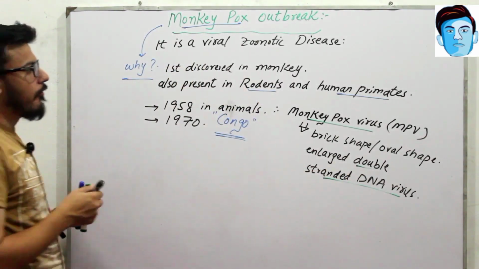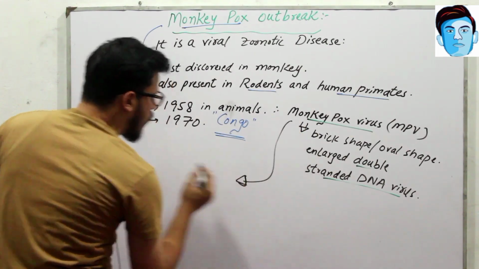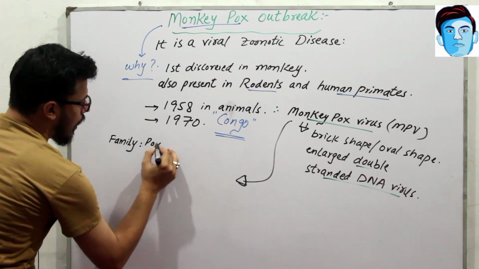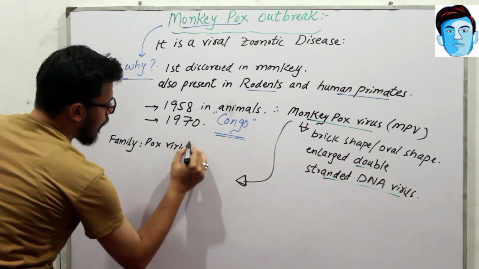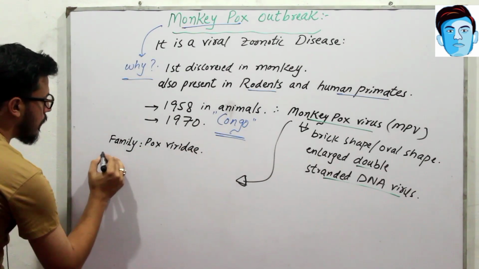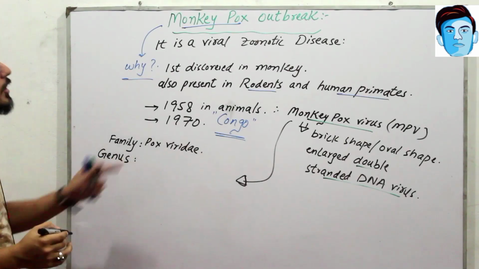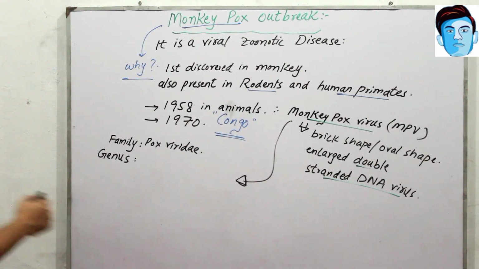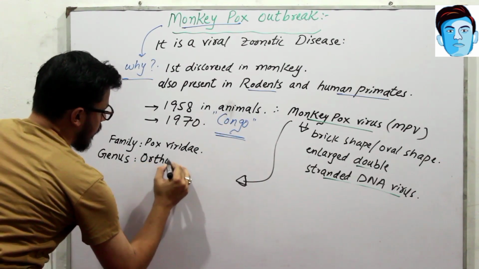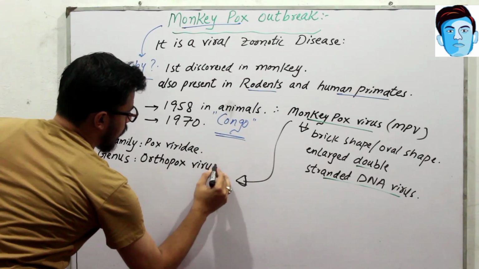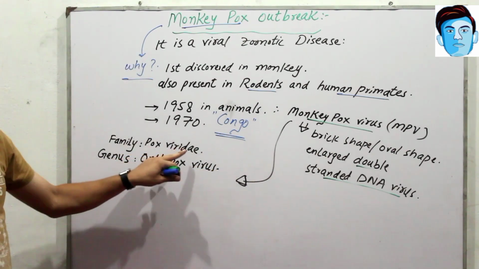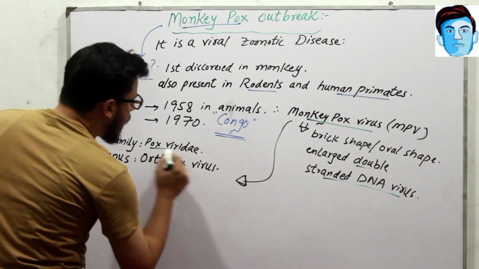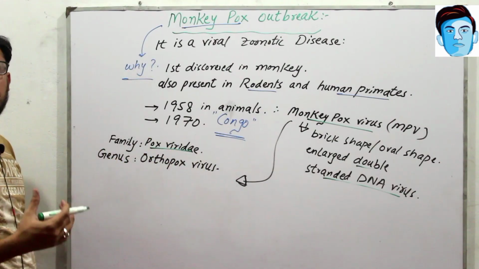What is the family of monkeypox virus? The family is called Poxviridae, while the genus is orthopoxvirus. The Poxviridae family also consists of smallpox, chickenpox and monkeypox.